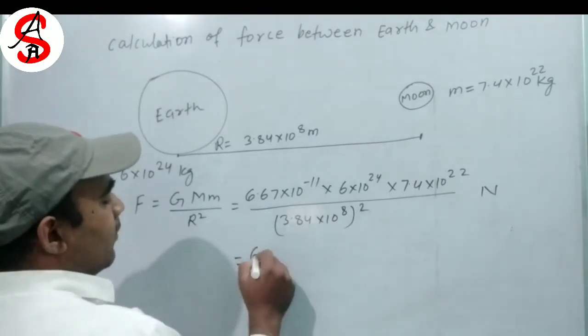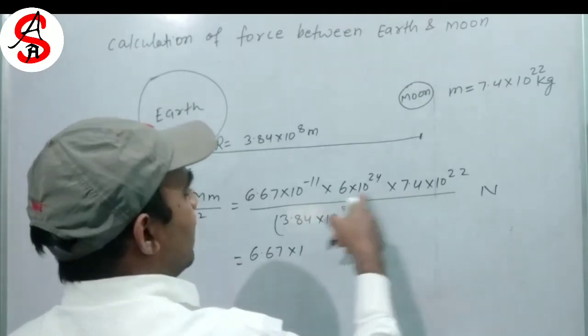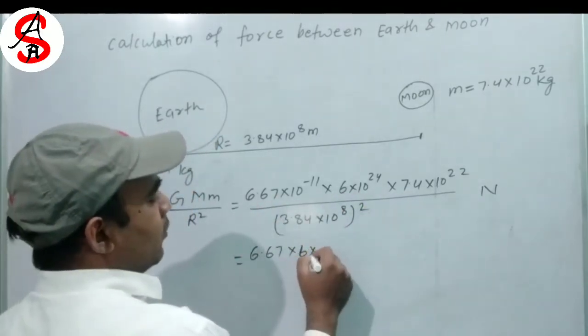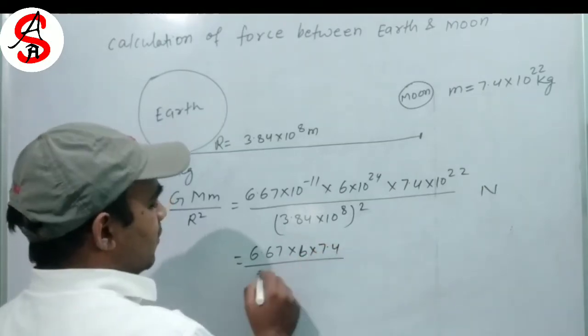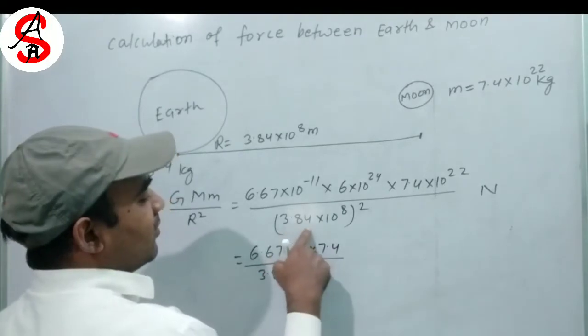Now calculate the numerical value one side: 6.67 into 6 into 7.4 upon 3.84 multiplied by 3.84, because this is the square.